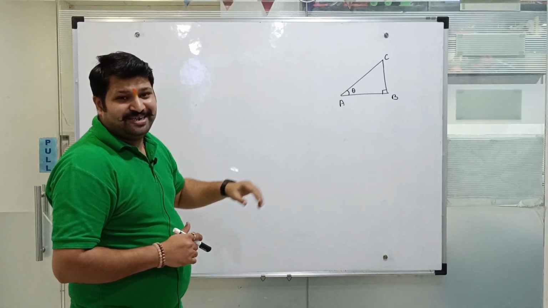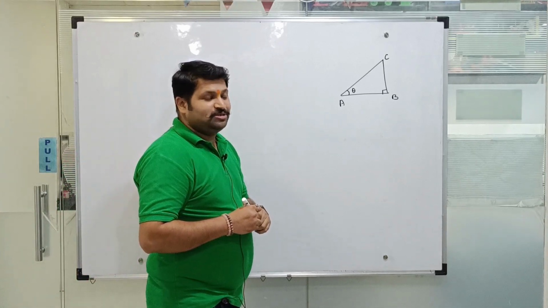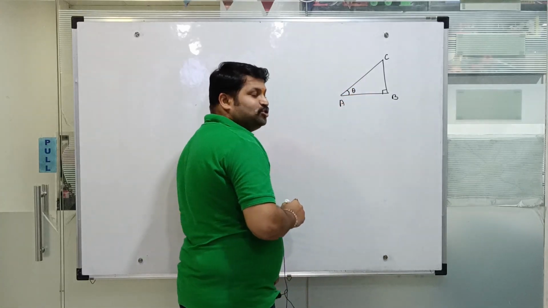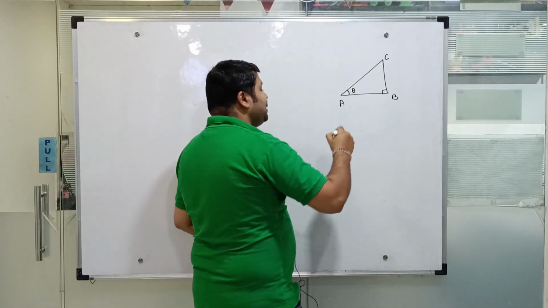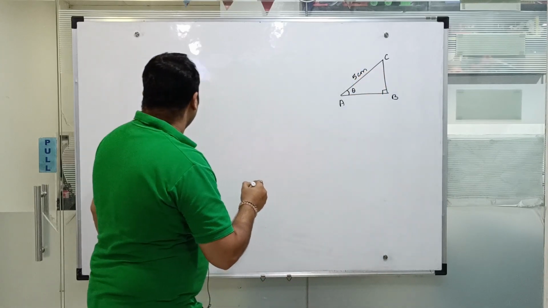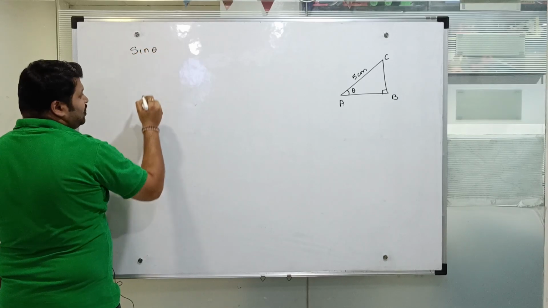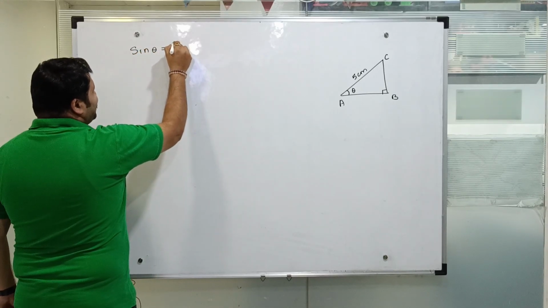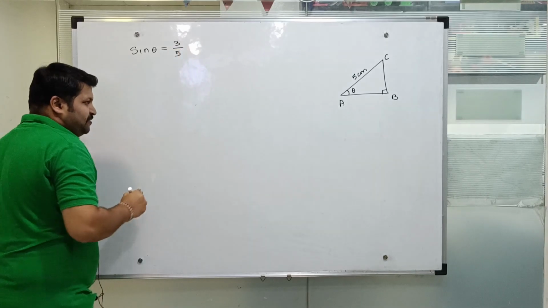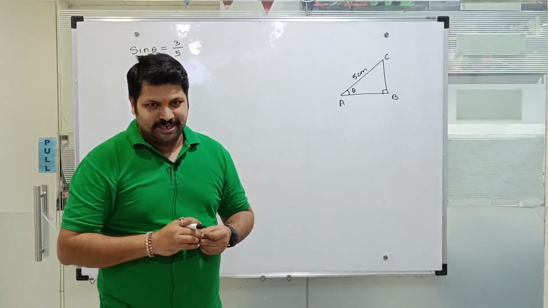If we have a triangle ABC and suppose my side AC is 5 centimeters and my sine theta is 3/5, then how can I find the remaining sides?